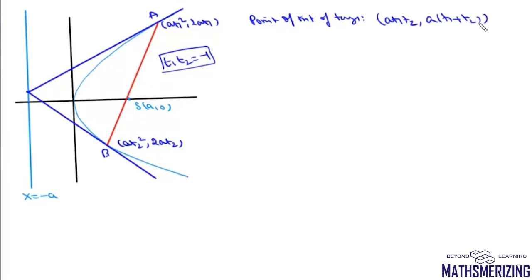We clearly know that if perpendicular tangents can be drawn from a point, then that point must lie on the directrix of the parabola. For this fourth form, the equation of directrix is y = a, and a in this case is 1. So it will simply be y = 1.